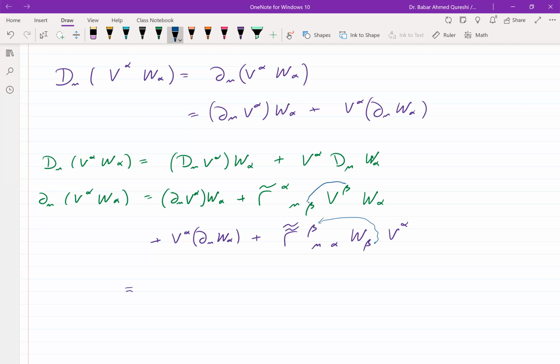But then, because I was contracting these one forms with the vectors, तो यह alpha इस W alpha के साथ कंट्रैक्ट हो गया क्योंकि वेक्टर इंडेक्स इसके ऊपर चला गया था, इसके साथ कंट्रैक्ट हो गया. सिमिलरली यह जो है यह वन फॉर्म का इंडेक्स है, यह वेक्टर के इंडेक्स के साथ कंट्रैक्ट हो गया.